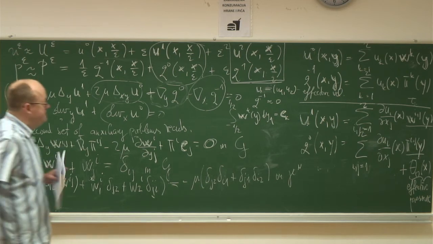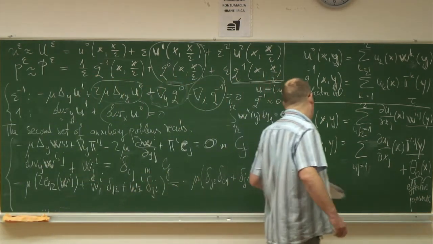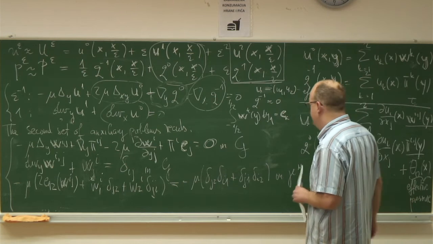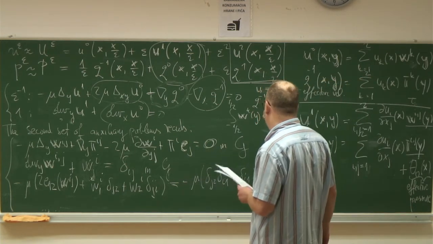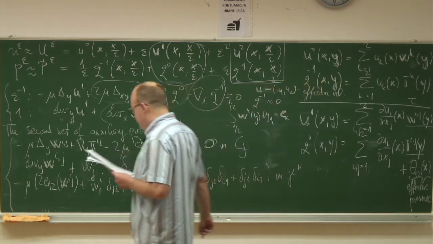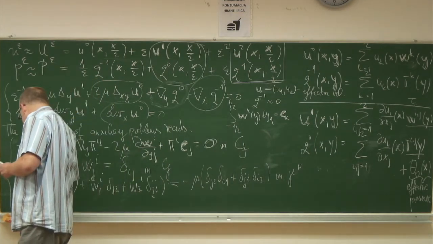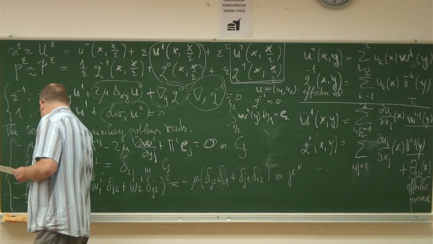So remember, this superscript n corresponds to holes. Superscript d corresponds to the solid part of the porous boundary. The second component reads as follows.